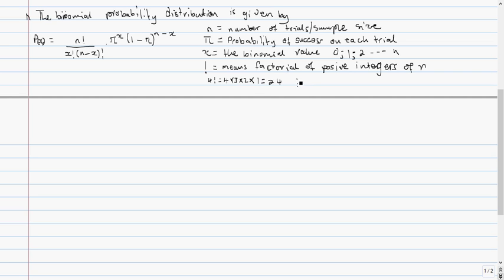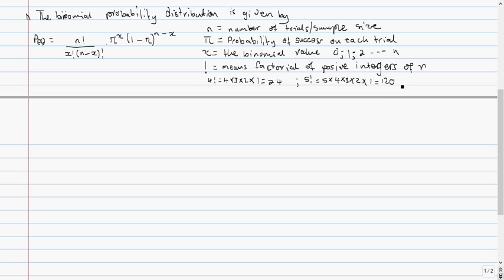Okay, and if we say 5 factorial, it also means 5 times 4 times 3 times 2 times 1, which is equal to that's 20 times 3, that's 60, times 2, that's 120, times 1, that's 120.